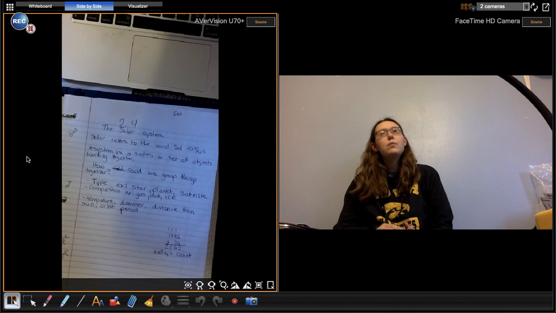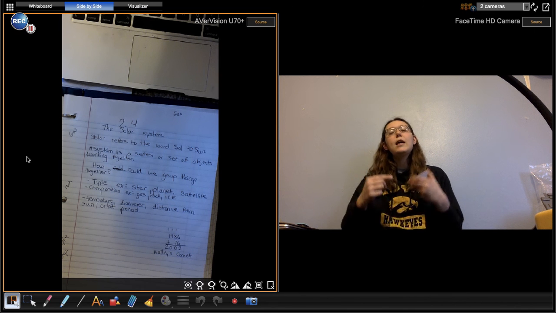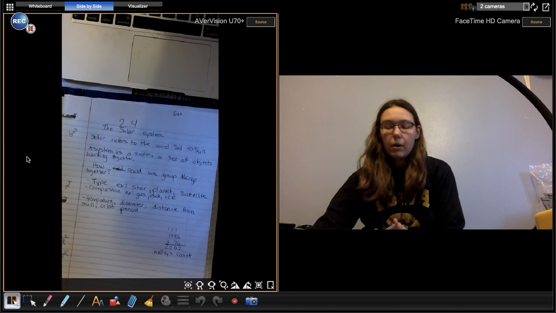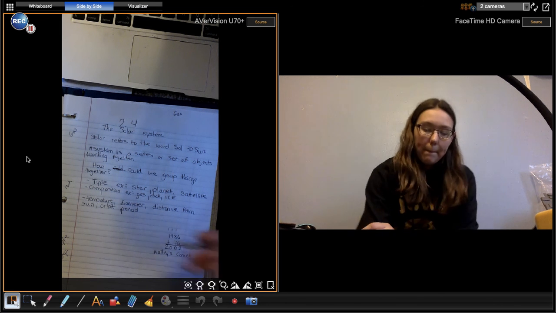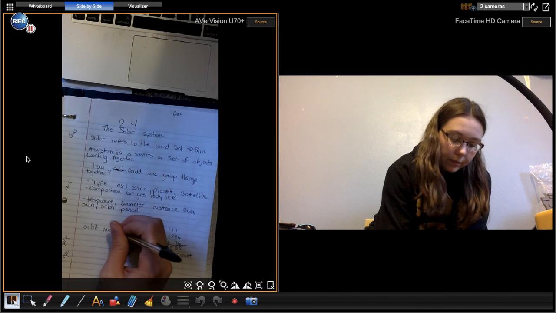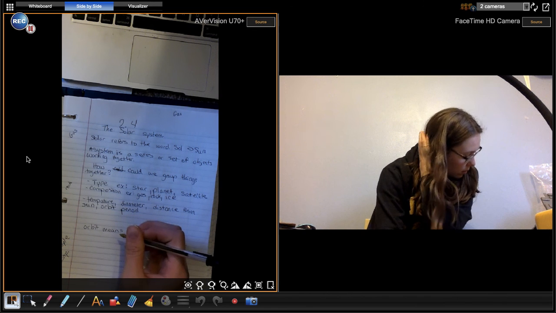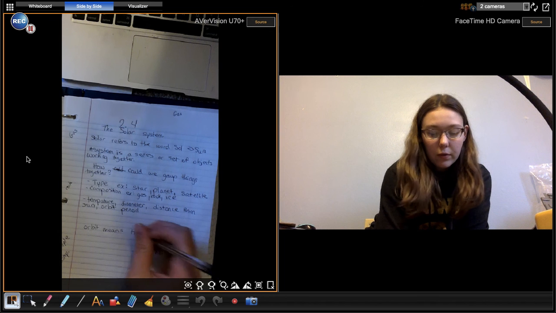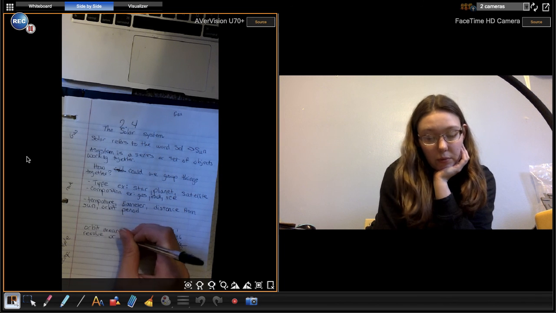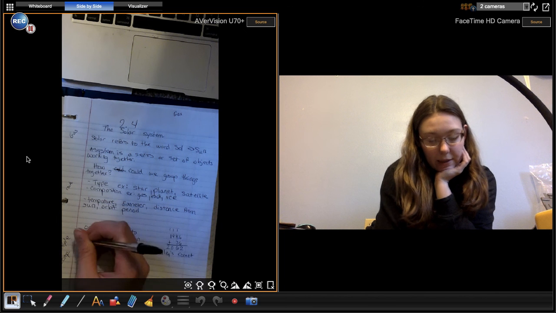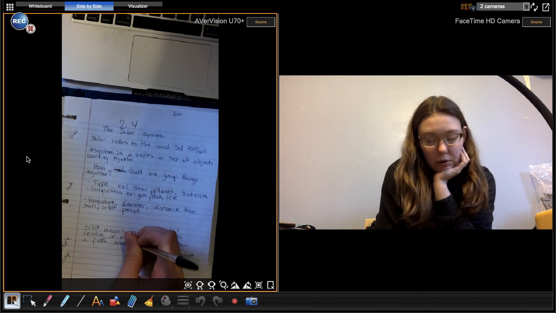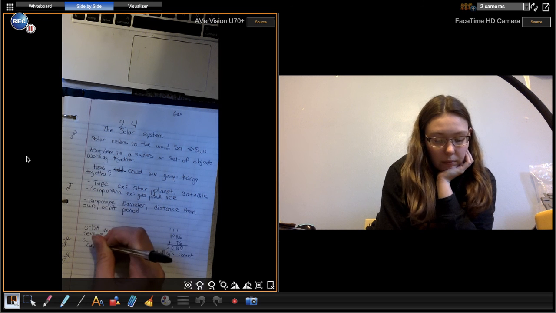All right, and do you guys remember what I mean by orbit? I keep saying it a lot, and I just want to make sure that you guys are understanding exactly where I'm coming from. Orbit means to revolve or move in a path around another object.